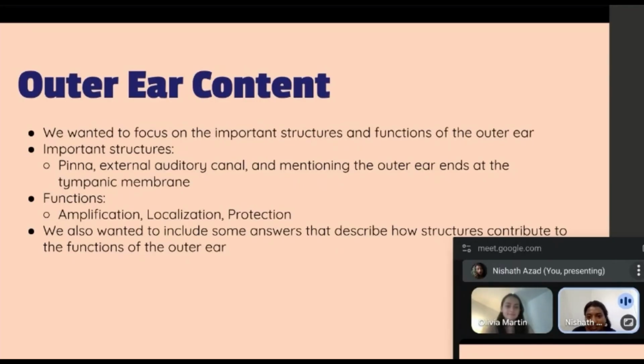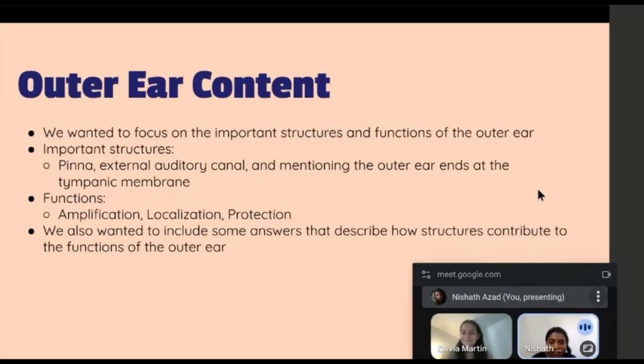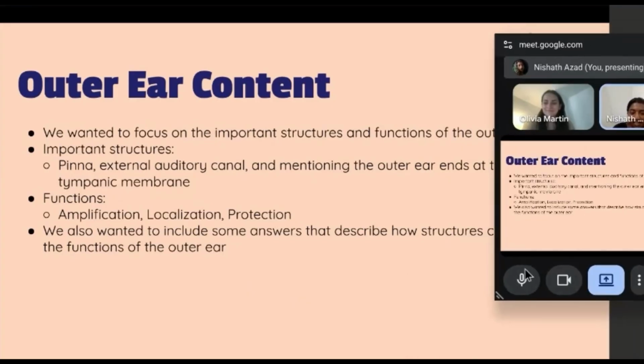So some of those terms are conceptualized through the functions like amplification, localization, and protection. And we wanted to include some of these answers to describe how the structures contribute to the functions of the outer ear.